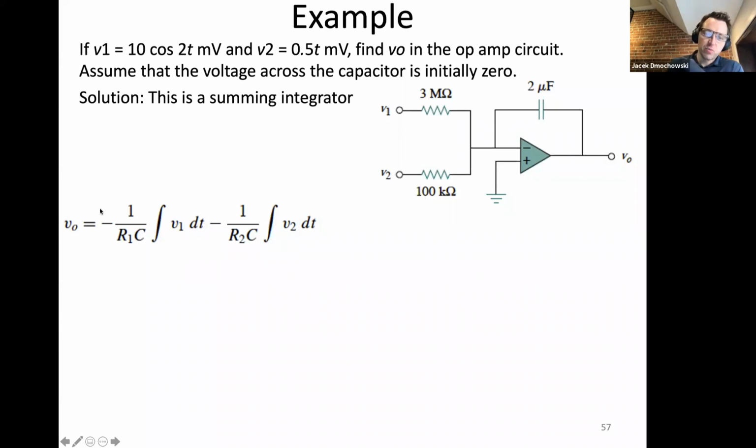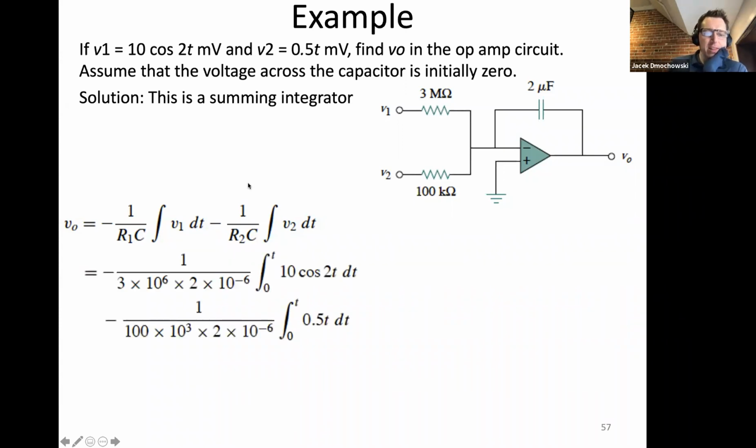So the response to V1, we know from the previous slide, is going to be equal to the integral of 10 cos 2t divided by R1 times C with a minus sign. The response to V2 is going to be the integral of 0.5 t divided by R2C. So notice that the integral of this is going to be a sinusoid, and the integral of this is going to be a quadratic.